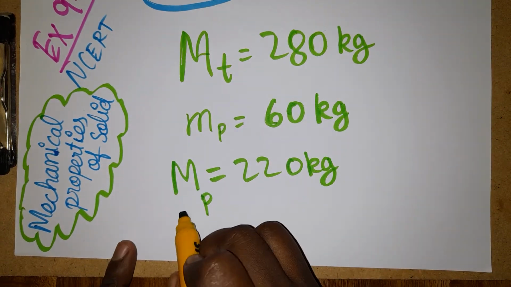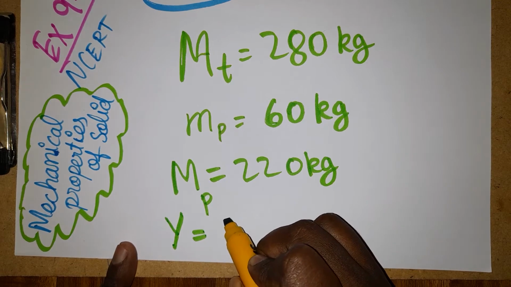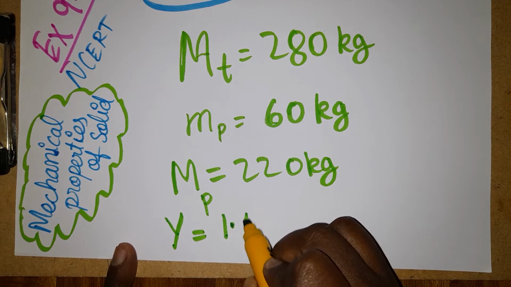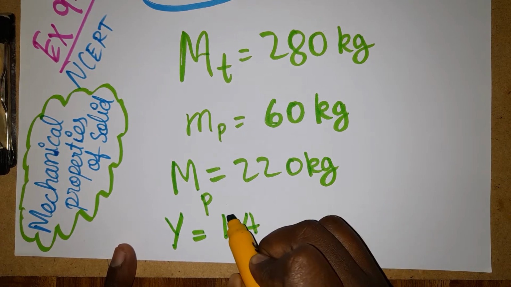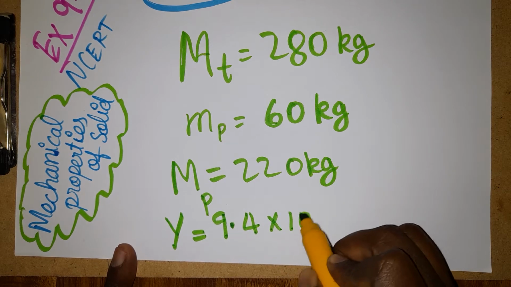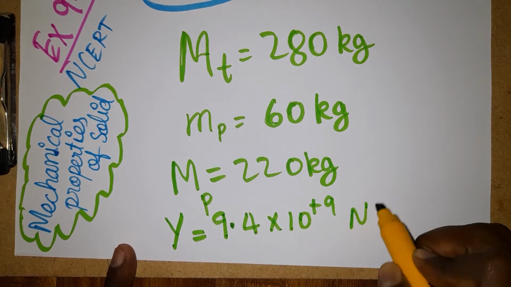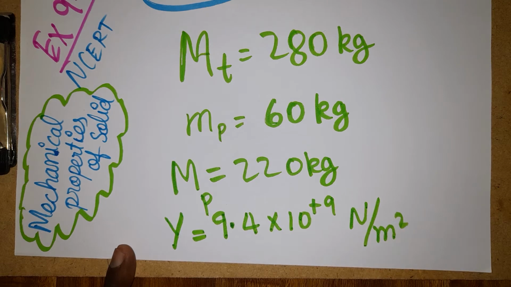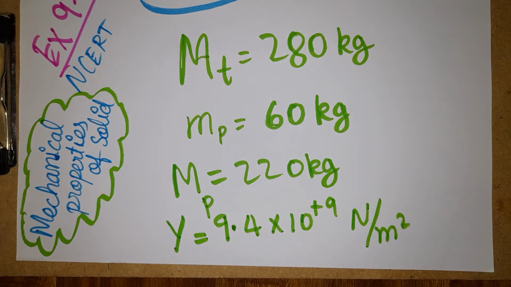The Young's modulus of the bone, the modulus of elasticity of the bone, is 9.4 into 10 power plus 9 Newton per meter square. We can take it from the tabular column, which I will show you.